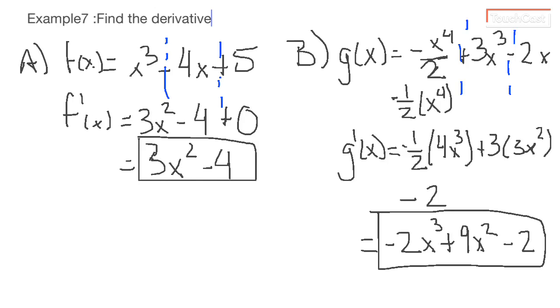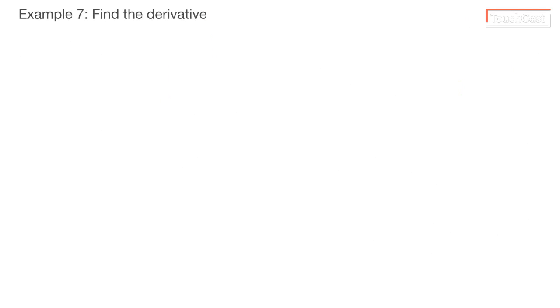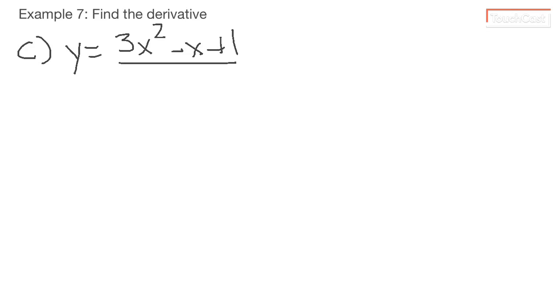I've got one more example I want to look at with example 7. So 7c. We're going to look at the function y equals 3x squared minus x plus 1 all over x.